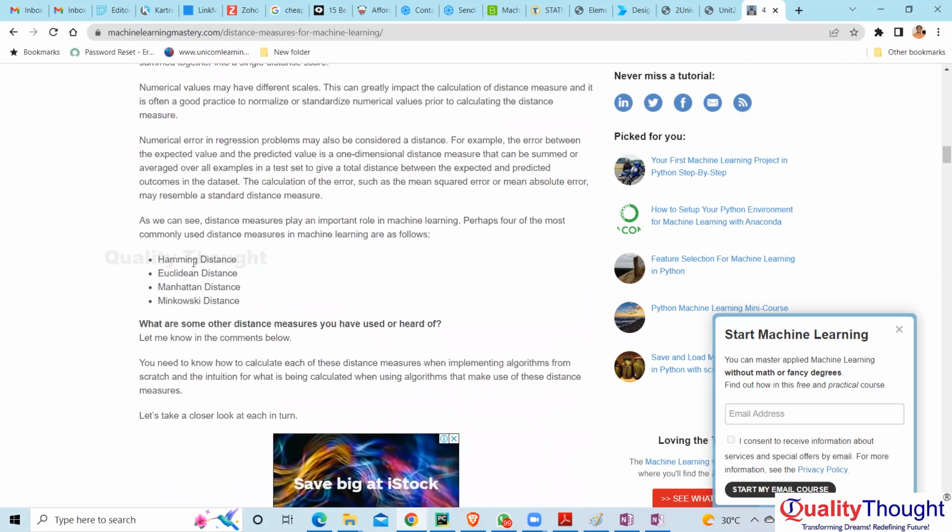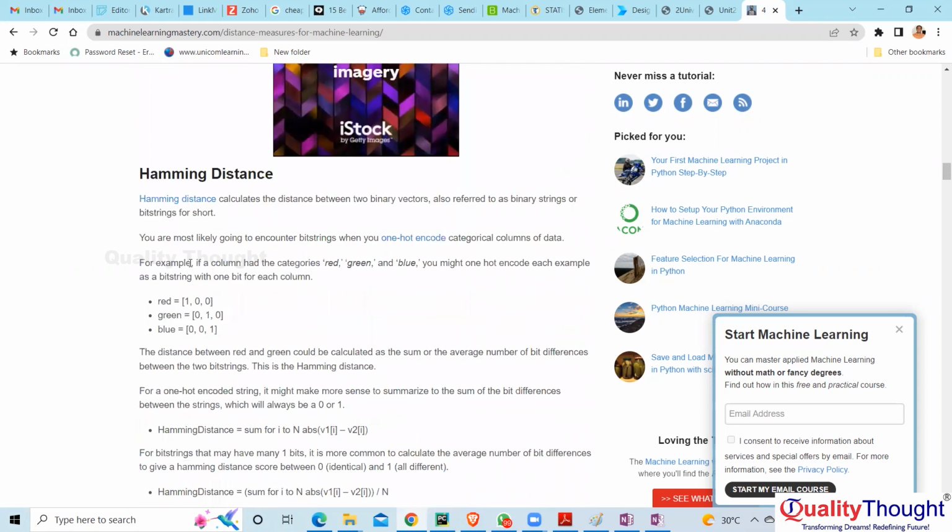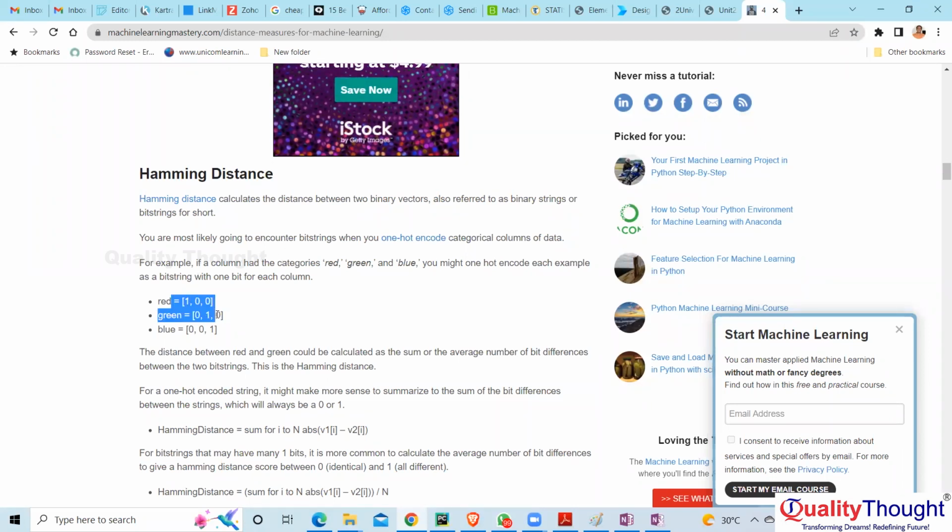So this Hamming distance is useful to measure binary distance, or when you have the distance measured in vector format. Here you have either 1 or 0, present or not present. It cannot be used when you have multiple values.